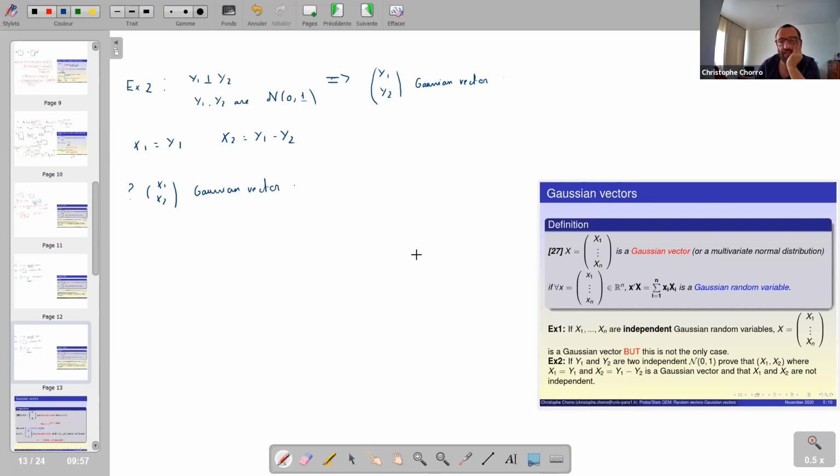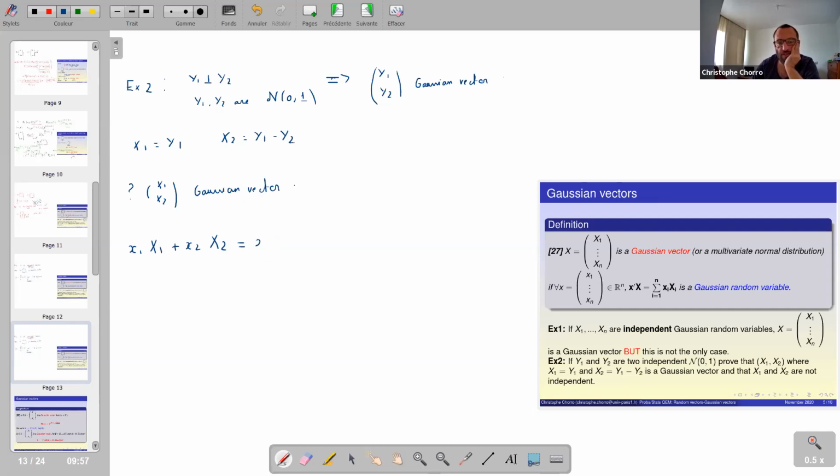To prove that it is a Gaussian vector, I have to prove that any linear combination of my components is Gaussian. So I have to consider, for any x1 and x2, x1 capital X1 plus x2 capital X2, and I want to prove that this is Gaussian. Of course, we use the definition of capital X1 and X2 to compute this.